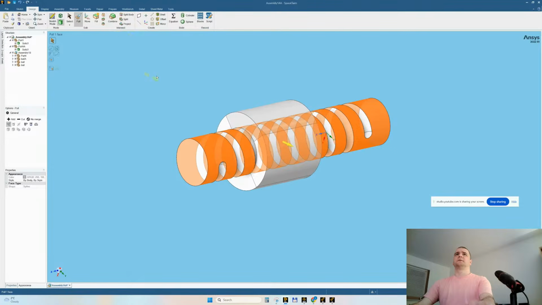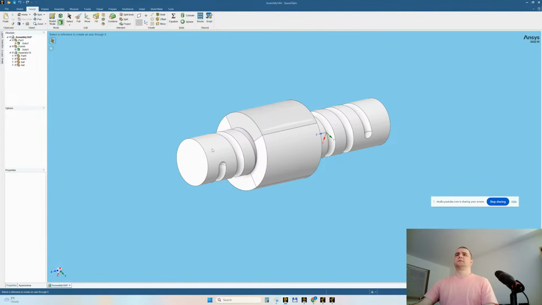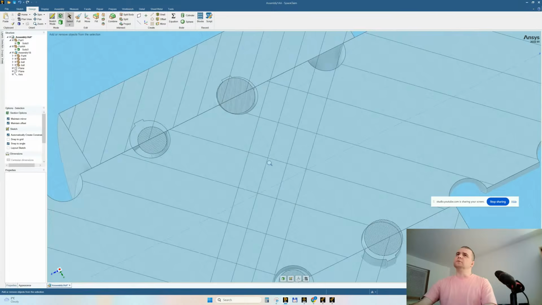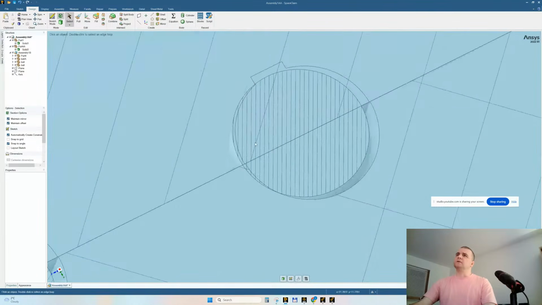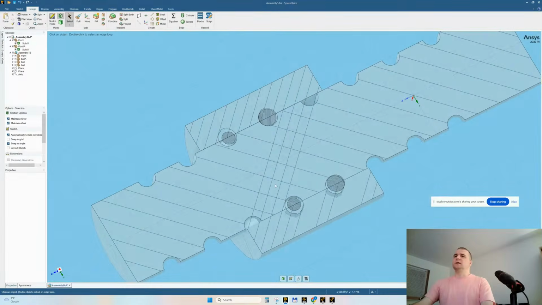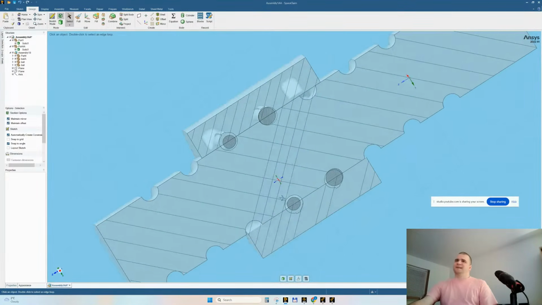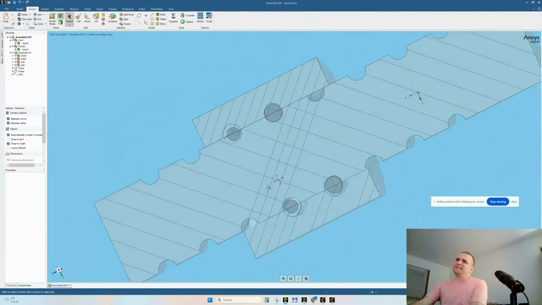Axis. Section plane according to this axis. All right, and now let's view. Oh, even though we have collisions, this is a useful model. I'd like to use it.